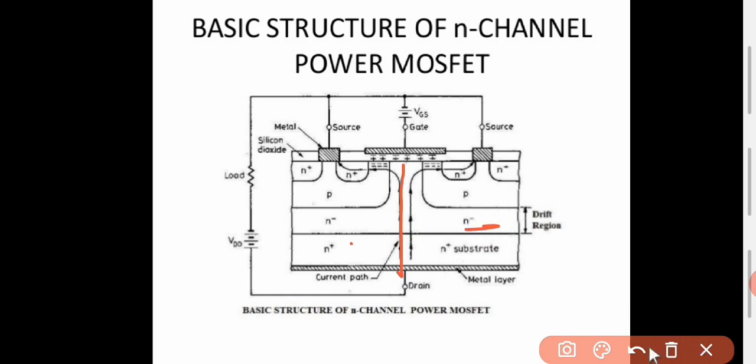So there are two paths available for the current to flow from drain to source. One path is this and one path is this. So it increases the current capacity of the MOSFET. Otherwise the construction of the power MOSFET remains the same.